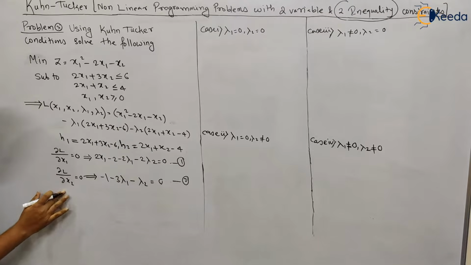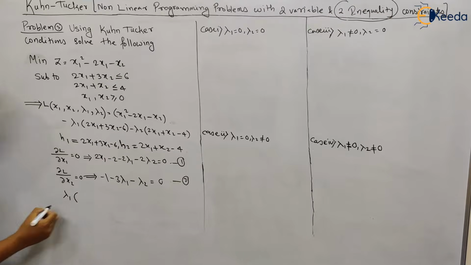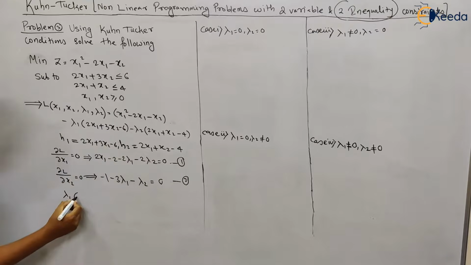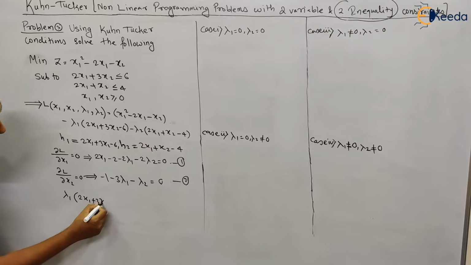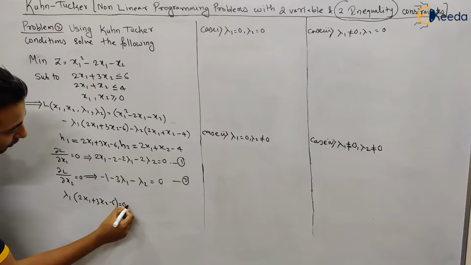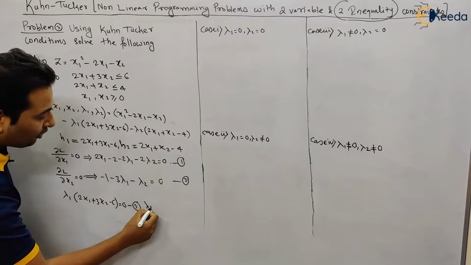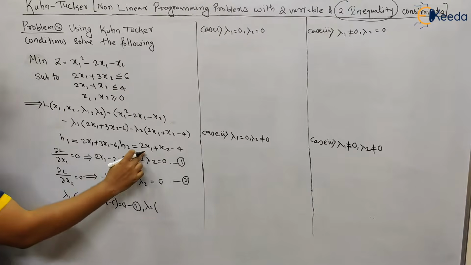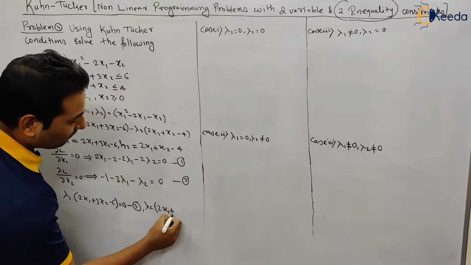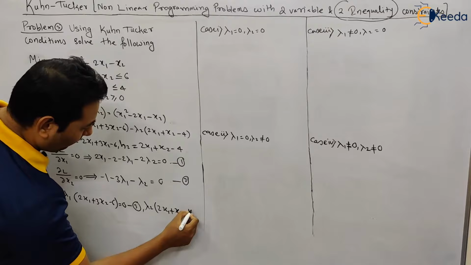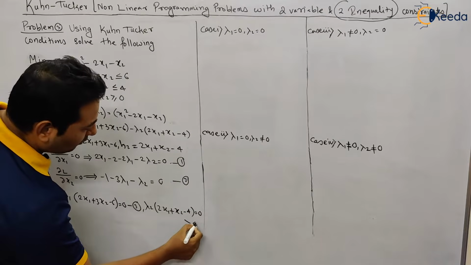Equation number 3 will be lambda 1 times constraint. And what is the constraint? This one, 2x1 plus 3x2 minus 6 equal to 0. Next, lambda 2 times the second constraint, 2x1 plus x2 minus 4 equal to 0.